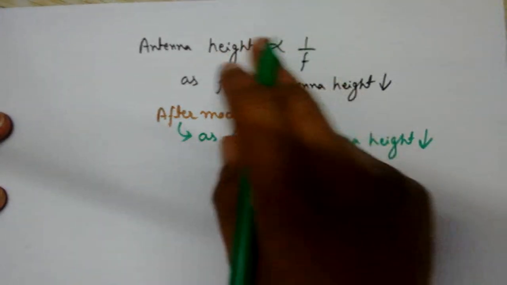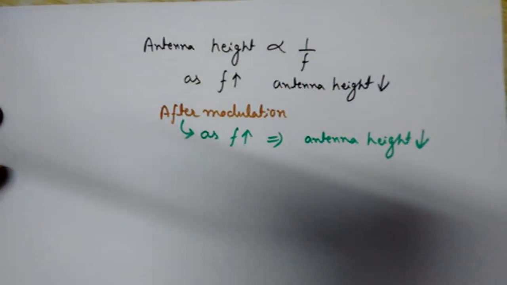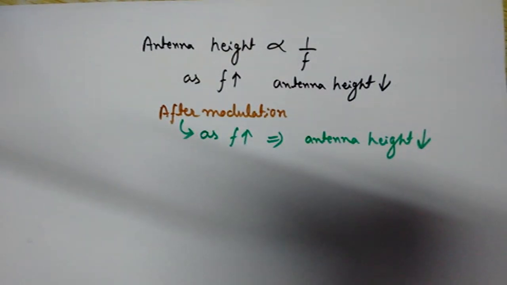So as it is an inverse relationship, its antenna height will reduce. Let's understand it with the help of an example, why we need to reduce the height of the antenna and how much it can help in reducing the antenna height.